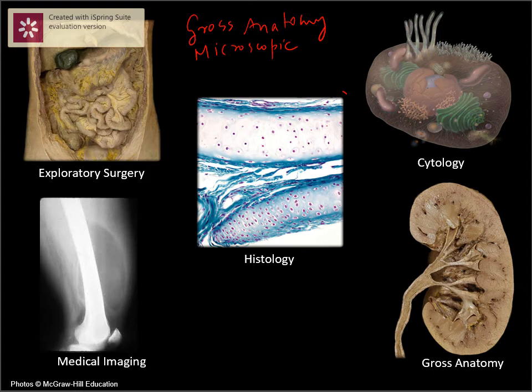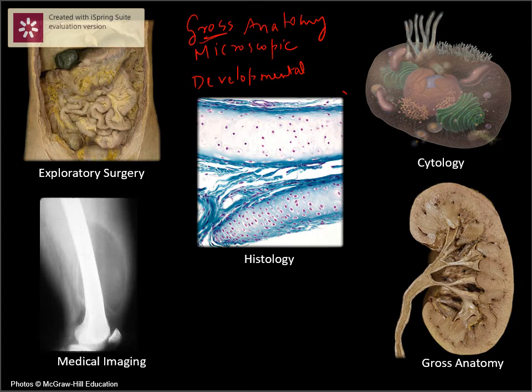The third subdivision, which we won't focus on very much, is developmental anatomy. Gross anatomy is called that not because it looks gross, but because you study large body structures that can be seen without the use of a microscope, and that's why we call it an overall or gross anatomy.